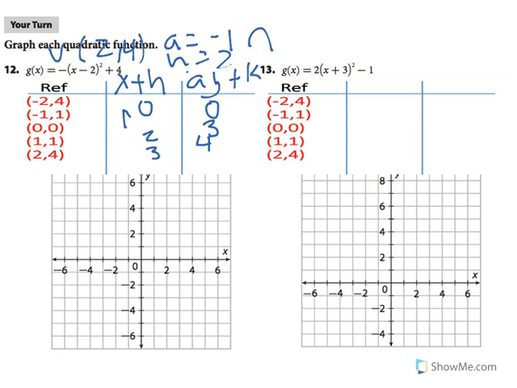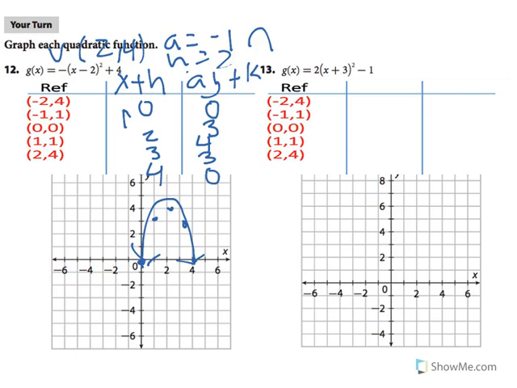And -1 times 1 is -1 plus 4, that gives us 3. And 2 plus 2 gives us a 4. And 4 times negative 1 is a negative 4 plus 4 gives us a 0. So we have 0, 0 and 1, 3 and 2, 4 and 3, 3 and 4, 0. So the graph opens downward. Right, so we're expecting it to be downward.